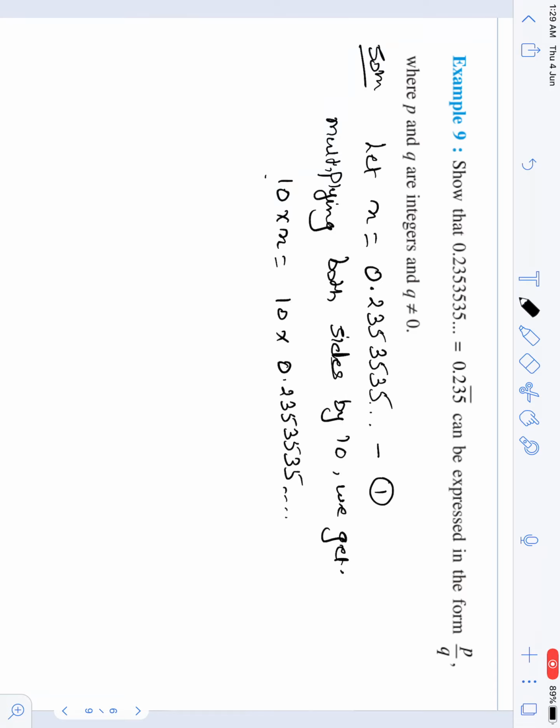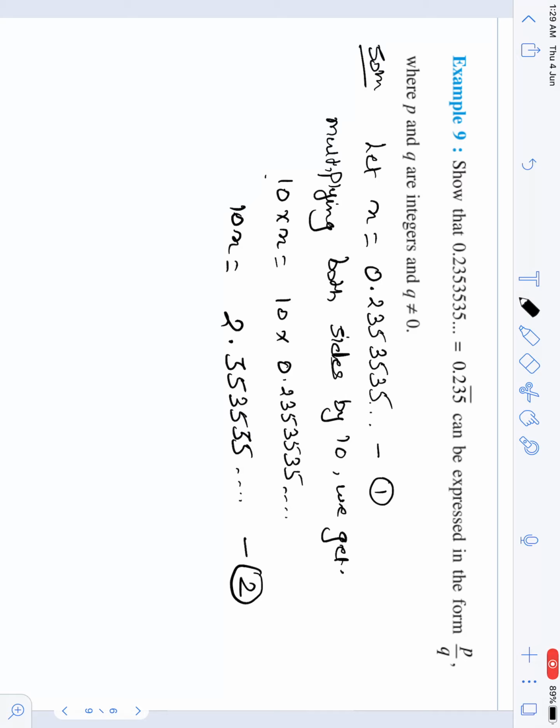So 10 into x, you will get 10x equals, now this 10 is multiplying this decimal number, so this decimal will move only one digit to the right. So your number will now be 2.353535 and so on. Now this is our equation number 2.